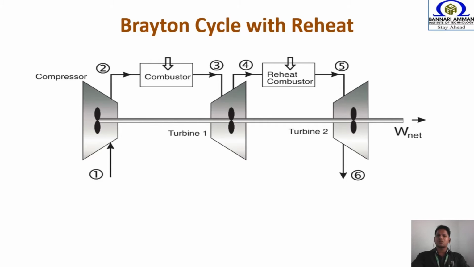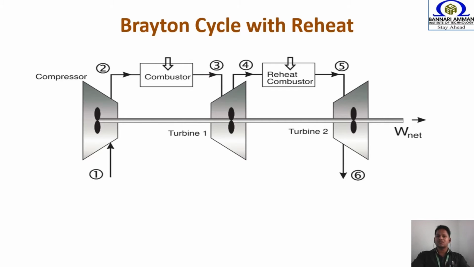This is called isobaric heat addition. After this isobaric heat addition, after all the exothermic chemical reactions, we are passing the high energy gases into the turbine, so we are rotating the turbine. Now once again we are passing this expanded gas to the reheat combustor, which means we have one more combustion chamber here.